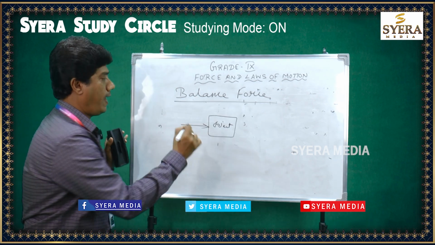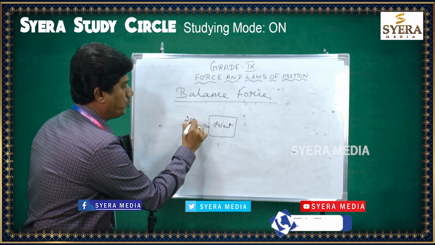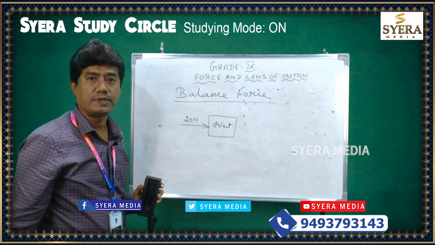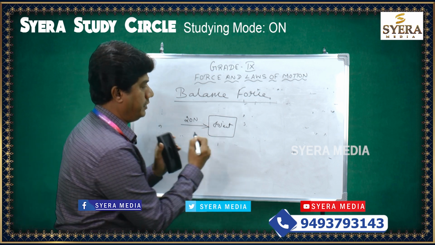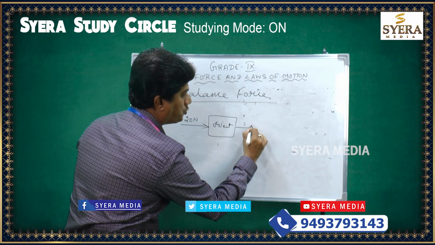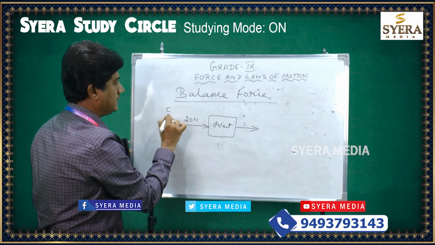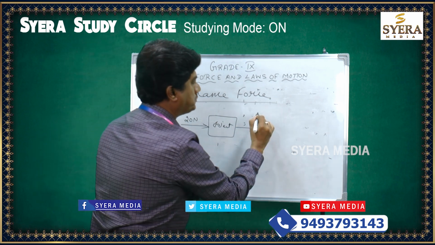For example, I am applying 20 Newton. When I apply 20 Newton to this object, what will happen? The object tries to move in the opposite direction. For example, if this is the east direction, the object moves to the west direction.